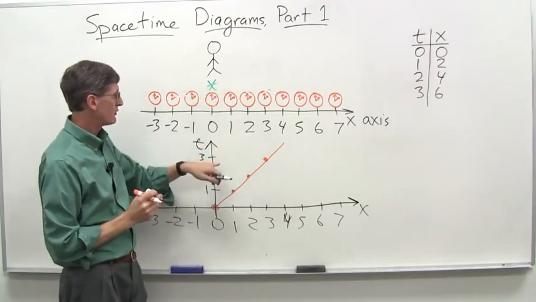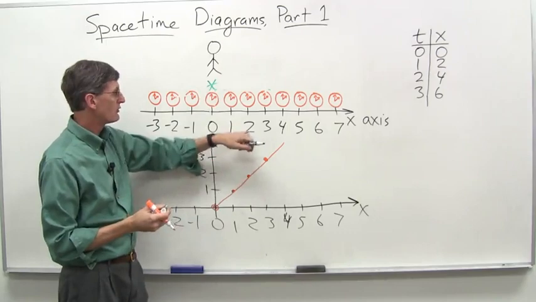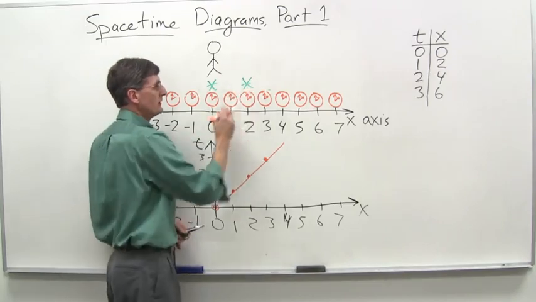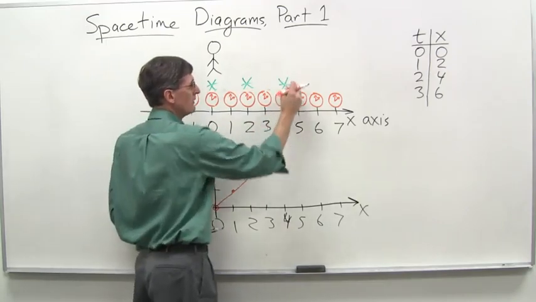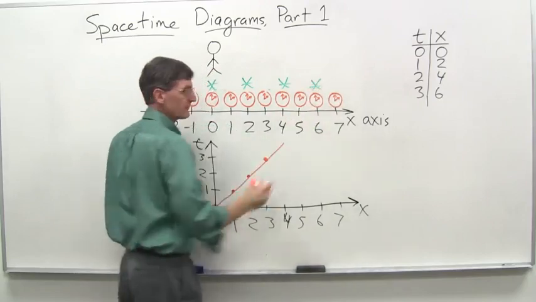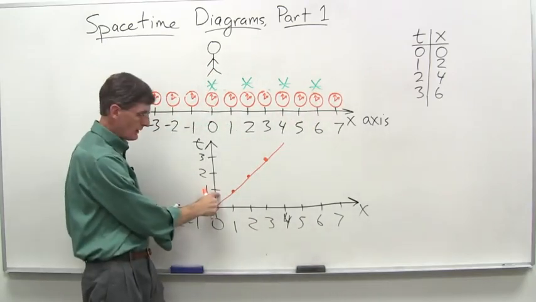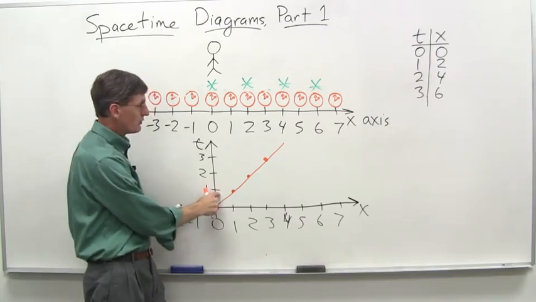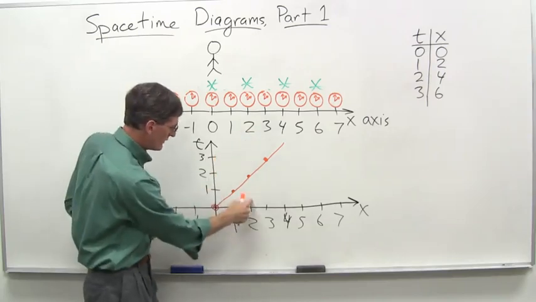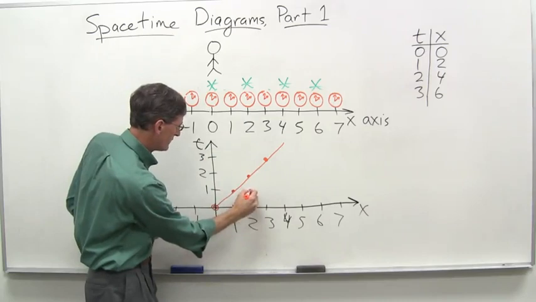Next flash of light, which occurs at t equals 1, occurs at x equals 2. And then there's one at x equals 4 and one at x equals 6. Okay? So at time t equals 1, that flash occurs at x equals 2. So it's way over here. So I've got a flash of light here now.